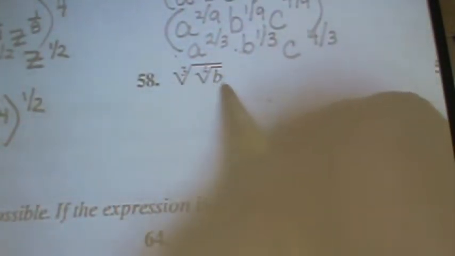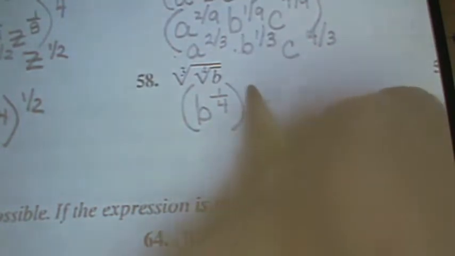This middle piece right here is b to the 1/4 power. And then you're going to take this and raise it to the 1/3 power, because it's the cube root. 1/4 times 1/3 is 1/12. Ooh, 59. You've got this piece right here. Let's do that first.